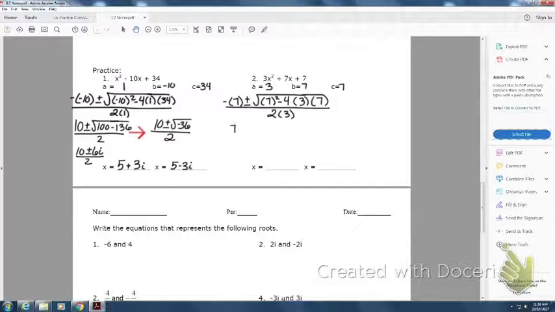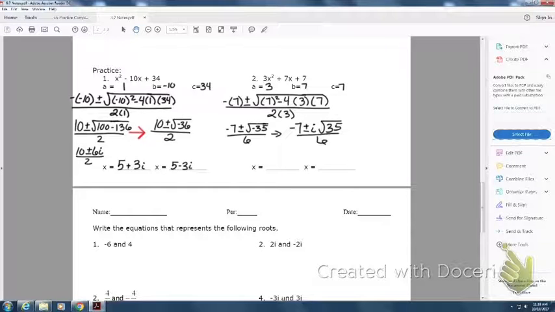So once you have it simplified, once I kind of simplify everything, that right there is what you should get. And that's it? So the negative on the 35, what does that become? It becomes i. So I have negative 7 plus or minus i, square root of 35 over 6.